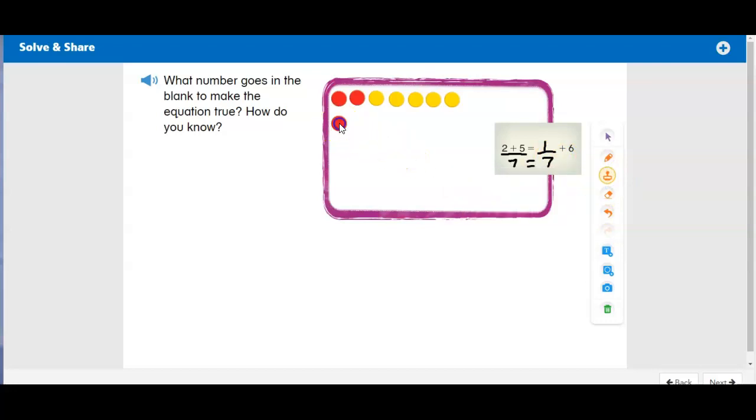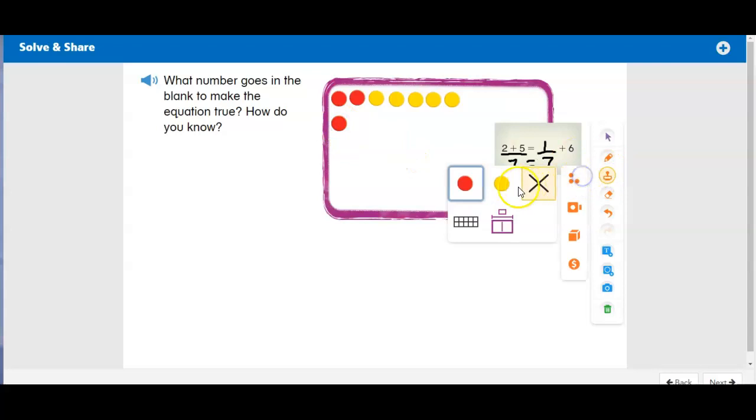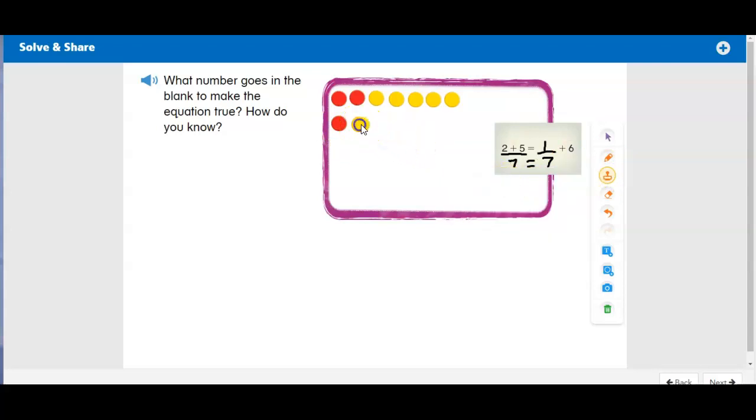We could say 1 red counter plus 1, 2, 3, 4, 5, 6 yellow counters is equal to 7. We could even draw a line to show both sets of counters for each equation equal the same amount.